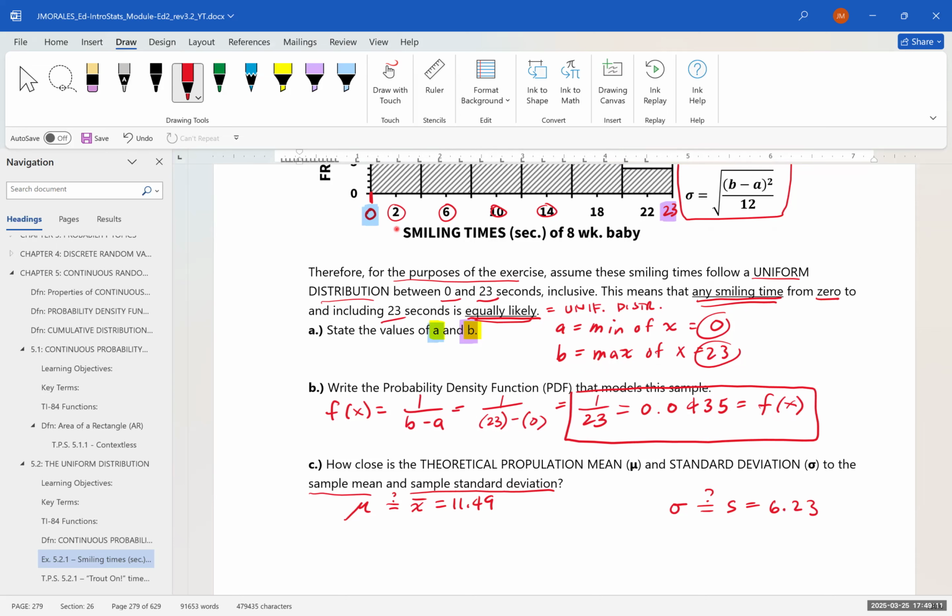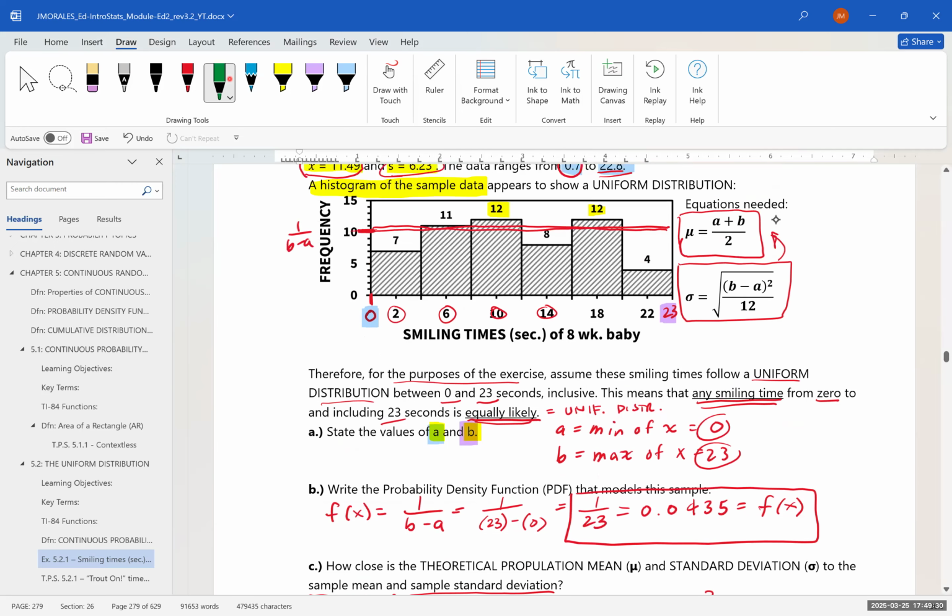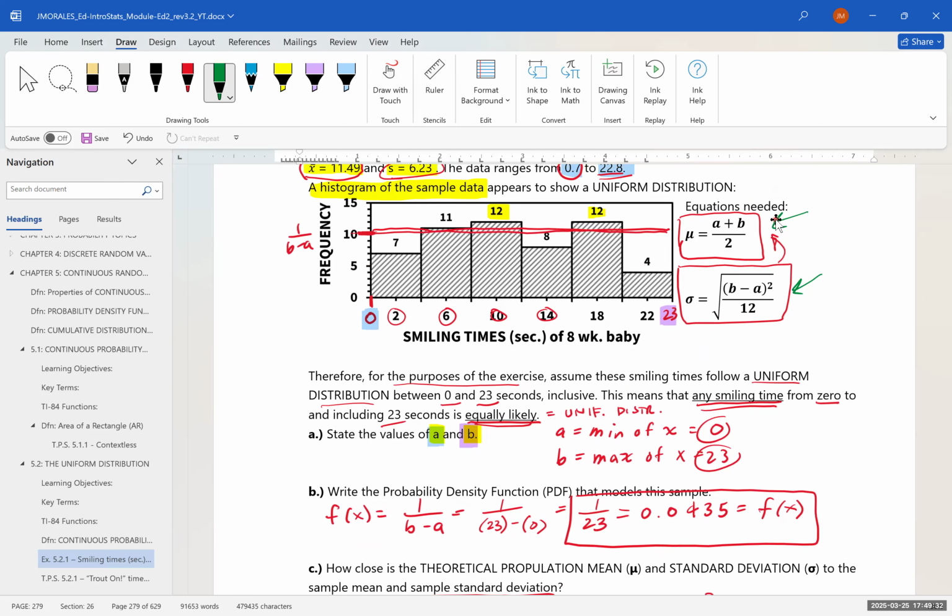What we want to know is what is the theoretical population mean of baby smiling times, and what's the theoretical standard deviation for baby smiling times. And that's where these two equations up above come in.